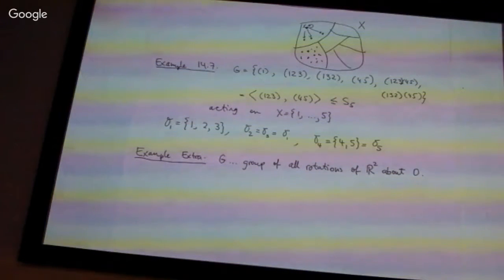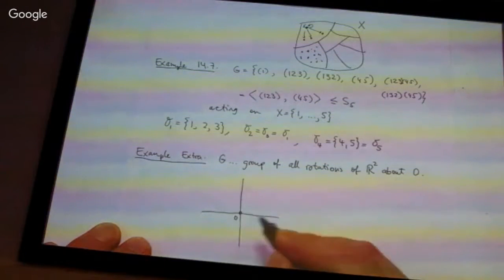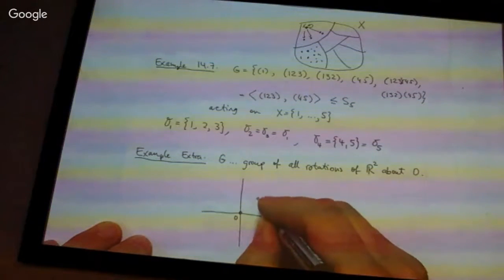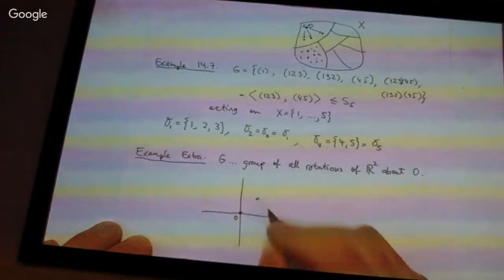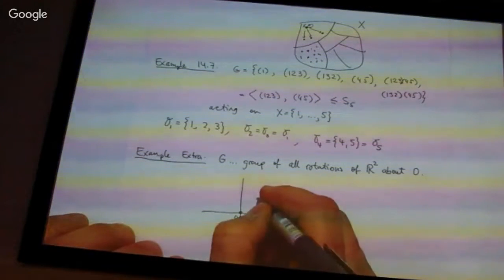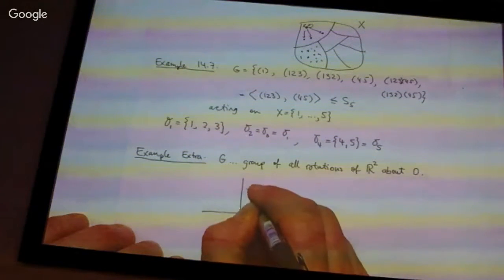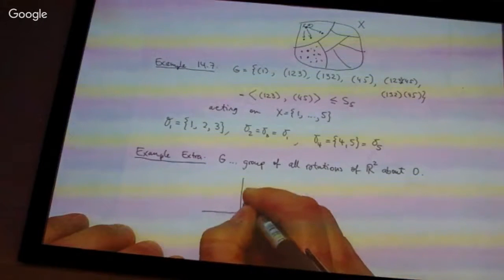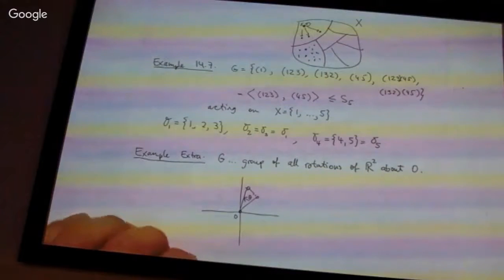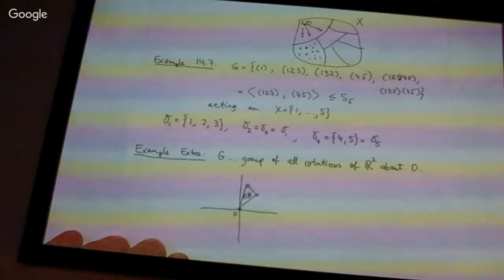Okay. So what does it do? You look at a point in the plane, and in the rotation, you just look at a circle. You send it along the circle by some angle theta. So this is what it does to points.